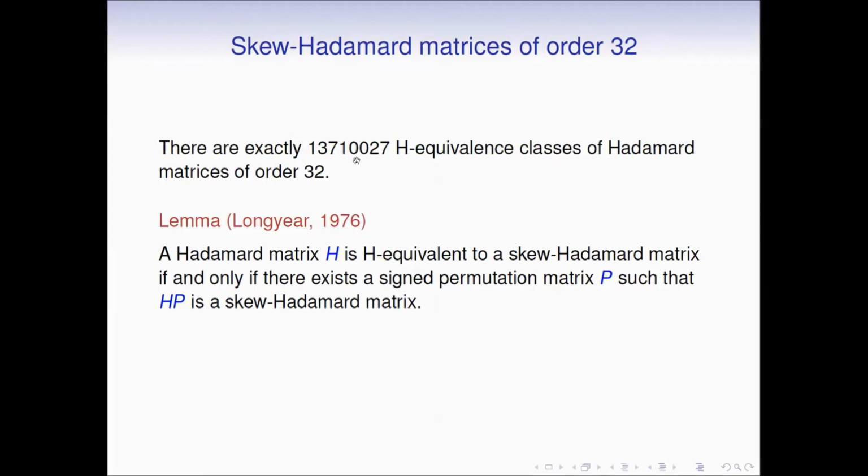We use this classification and try to extract all classes which contain some Skew-Hadamard matrix. For this, we use this lemma. This is a lemma by Langier from 1976, which says that a Hadamard matrix H is equivalent to a Skew-Hadamard matrix if and only if there is a sign permutation matrix P such that H times P is a Skew-Hadamard matrix.